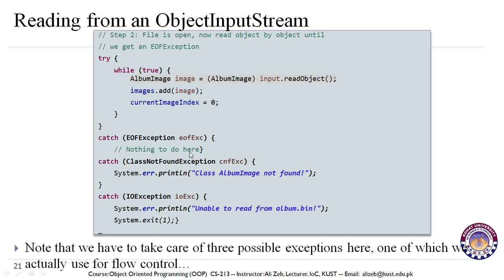So we need to have an end of file exception. We keep reading the details of the images into our object as long as there are images in the file, and we can have a class not found exception if we do not find the album image class, or if we are not able to read from the file, but we need to have this exception over here if we reach the end of the file.